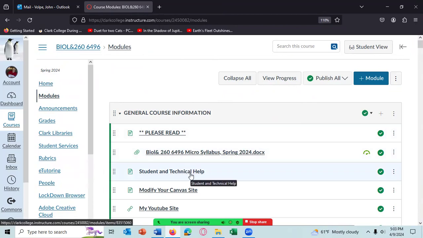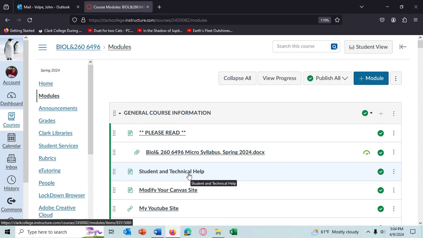If you need help, especially with Canvas or with getting the Respondus Lockdown browser to work on your computer, you really shouldn't expect help from me because I don't know how to get Respondus Lockdown browser working on your computer. You need Respondus Lockdown browser to take all the quizzes.